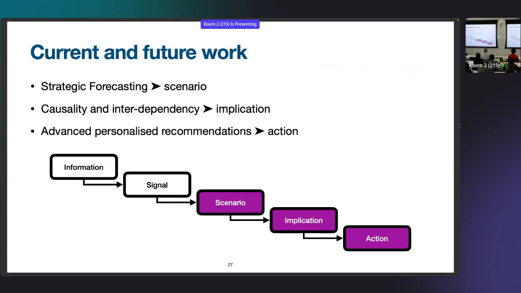And this is the 5-step pipeline that we are currently following. The future work about the last step, action, involves advanced personalized recommendation using the data that we collected.